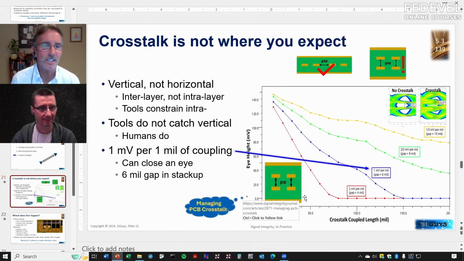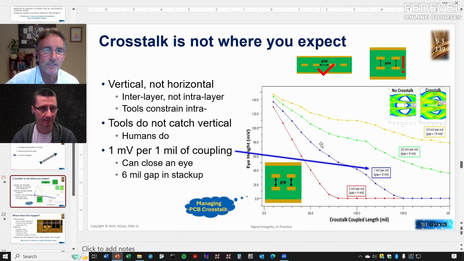So I'm sitting right here on the chart, right? I've collapsed my eye by 100 millivolts at this point. Now this is already interesting. We started at the beginning, we said, gee, 10 millivolts matters, right? So these little squares are telling you how many millivolts per mil of coupling.